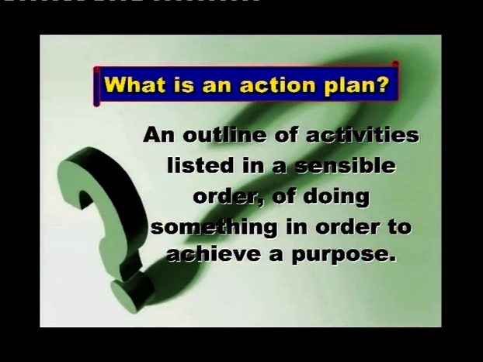Now the next we will be looking at factors to consider when making an action plan. Some of the things that you should consider when you are making an action plan. And there are about 6 things or 6 factors that we have to consider when we are making an action plan.